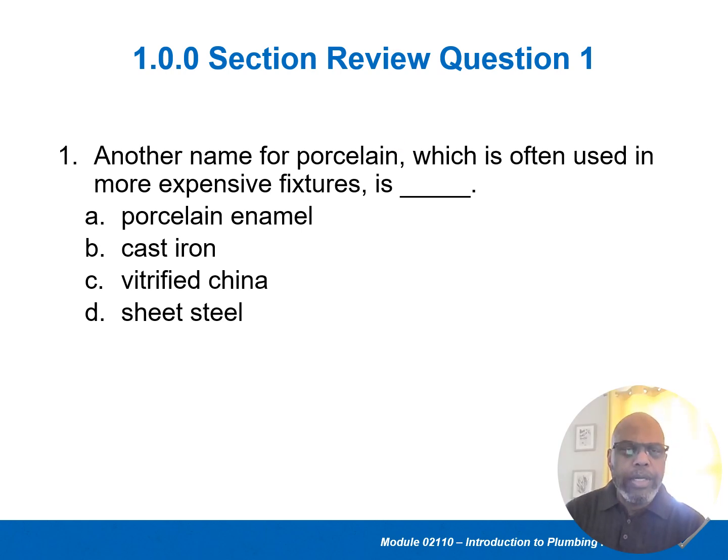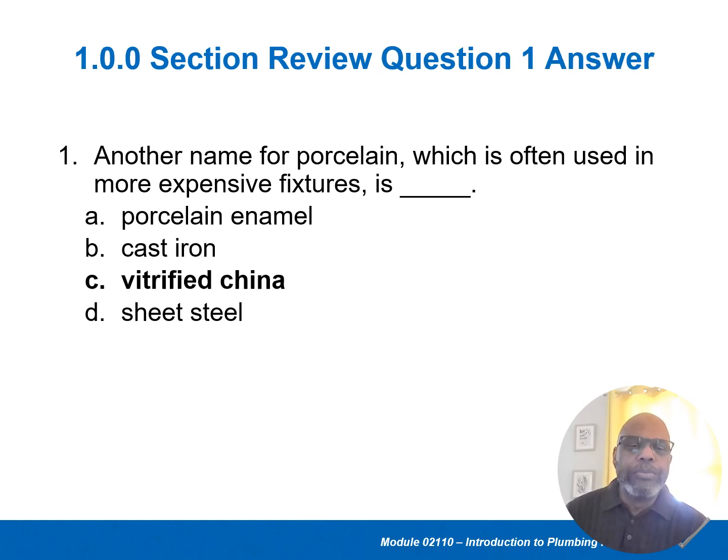Again, another name for porcelain, which is often used in more expensive fixtures, is vitreous china, because it is used on more expensive fixtures to give a very beautiful finish.